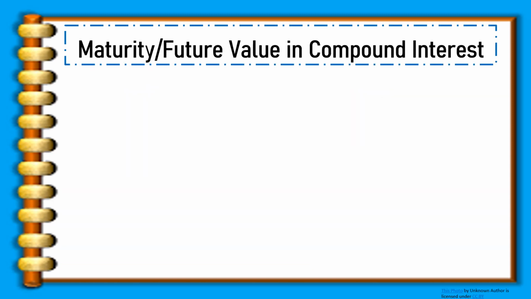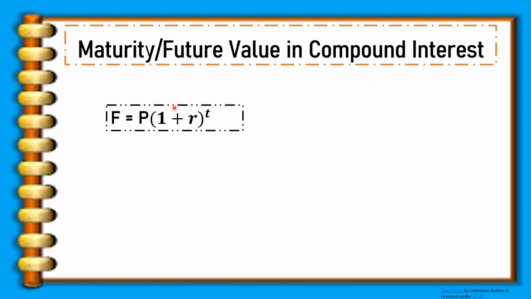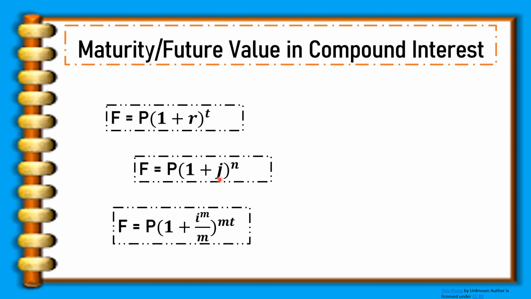Okay, let us now have another formula for maturity value or future value in compound interest. This formula is applicable only for compounding more than once a year. Using the original formula for maturity or future value, F equals P times (1 plus r) raised to t. As I have mentioned a while ago, you can think of j as your interest rate and n as your time. But j is equivalent to i raised to m over m, and n is equivalent to m multiplied by t.